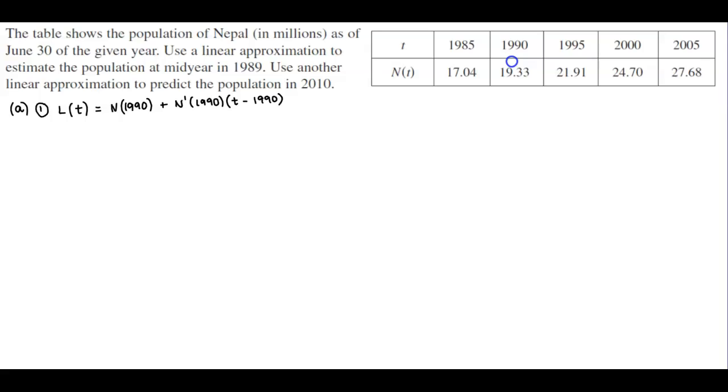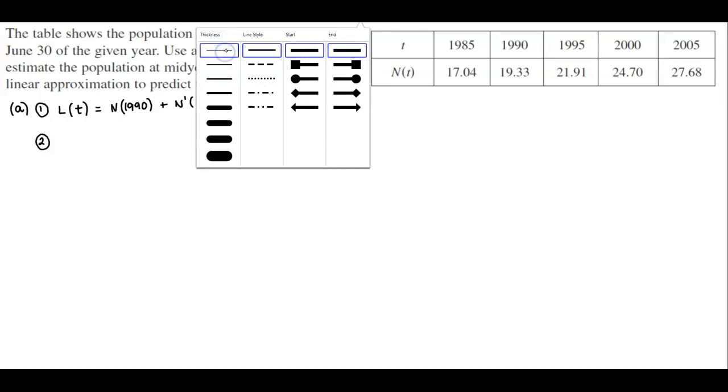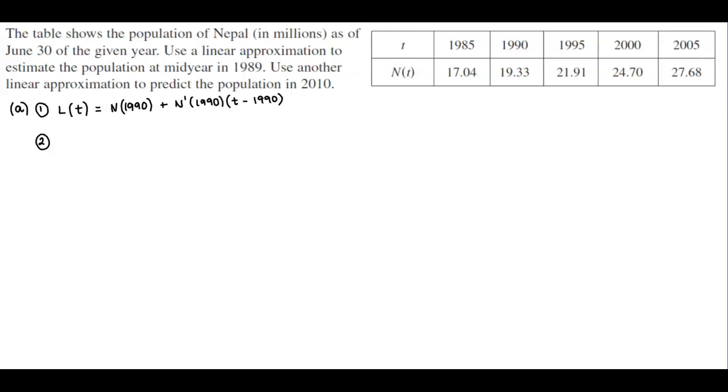Okay, now since we want to be able to find n prime of 1990, that means we're going to have to find the rate of change between 1985 and 1990. So we want to find the rate of change between those two years.